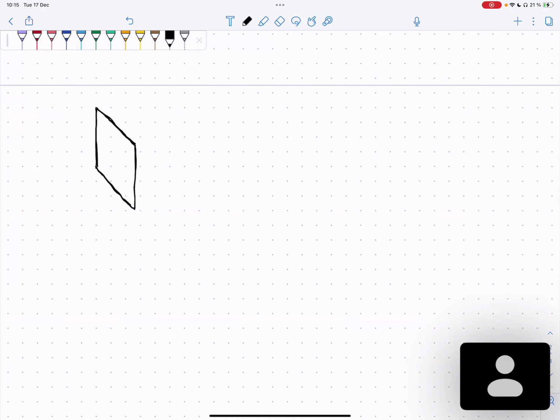For example, it can be some piece of some medium, so it's infinite in x and y direction, and the axis is like this.